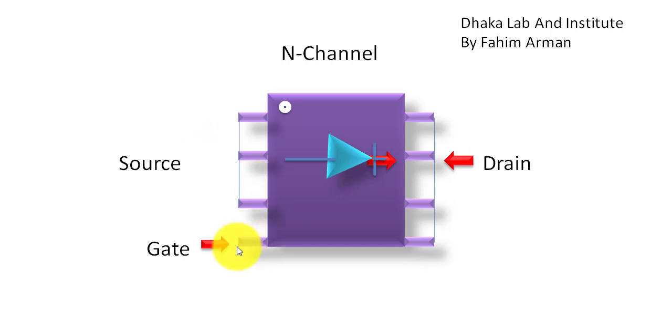You should have that gate switching voltage. If you get that voltage, then the drain voltage will pass to the source. So this is the work of the N channel MOSFET.